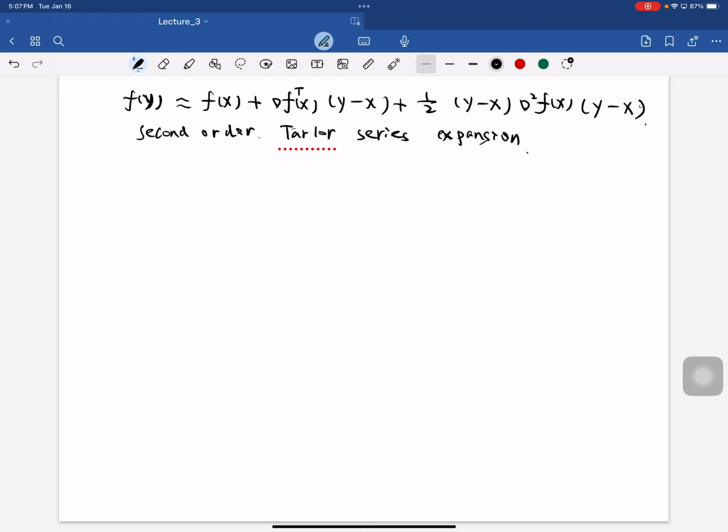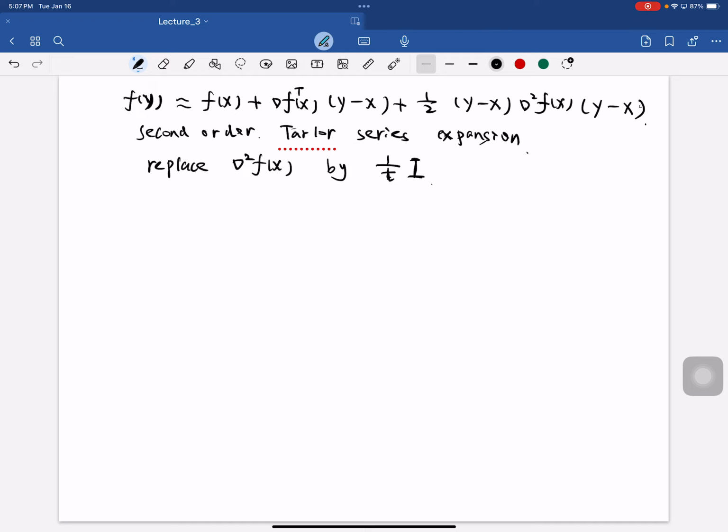But we do want to use something to approximate the Hessian. So in this case, let's say we just replace the Hessian by 1 over t times the identity matrix.